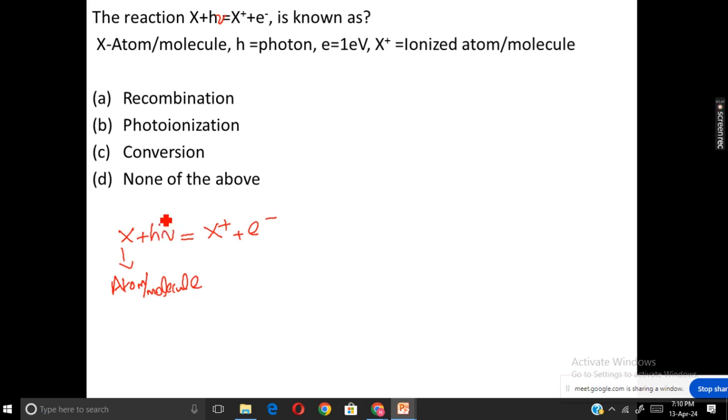So the atom or molecule is reacting with a photon to produce an ion and an electron. The reaction is basically known as photoionization. Photoionization is the answer.